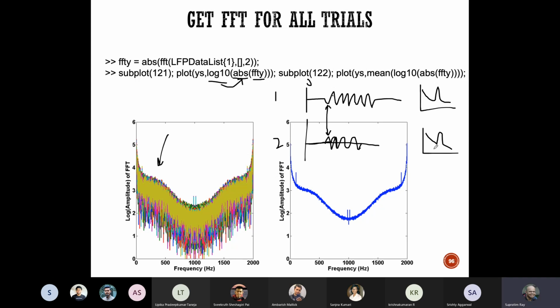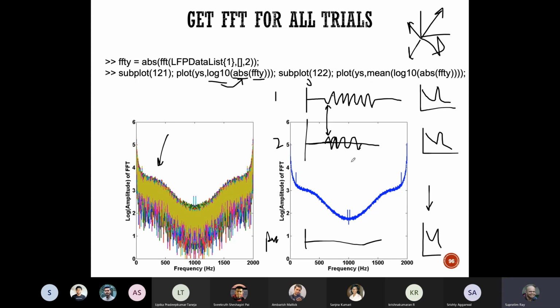You average all of these in time, you may get nothing because they are all out of phase and they cancel each other. But in the average of the absolute values, you will still see a nice big peak because you are not looking at the phase. If you had actually looked at this as a vector with amplitude and phase, then you would have seen the same thing, that they would all add up to 0.